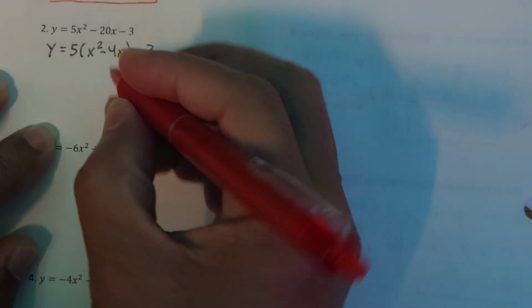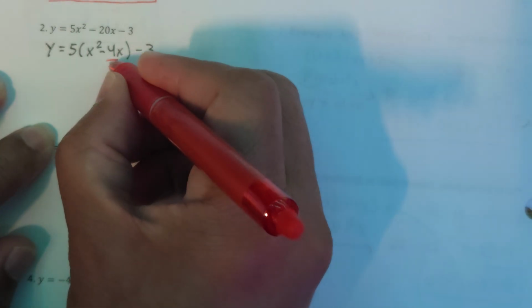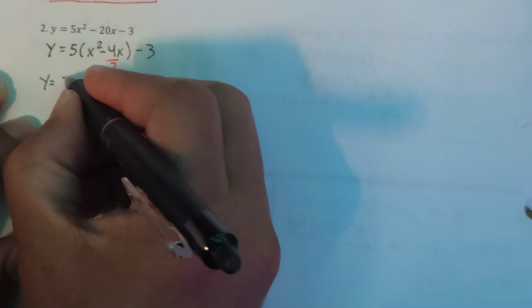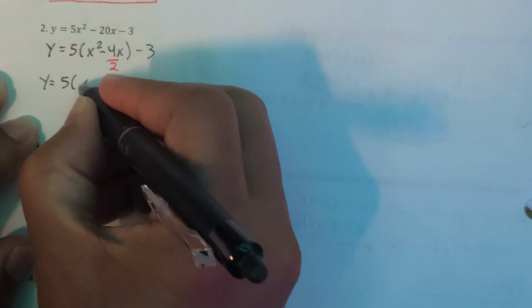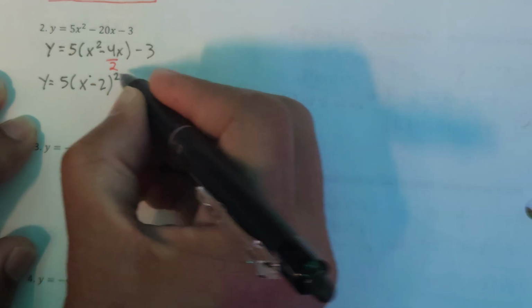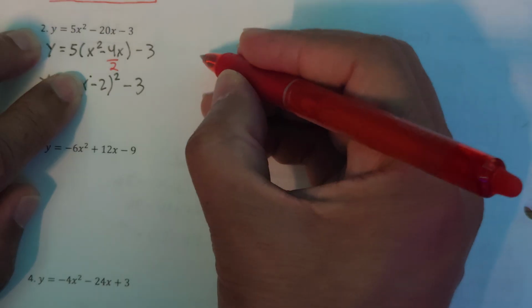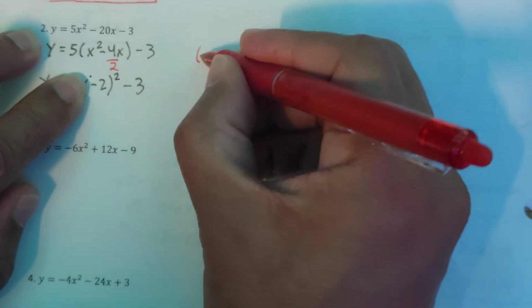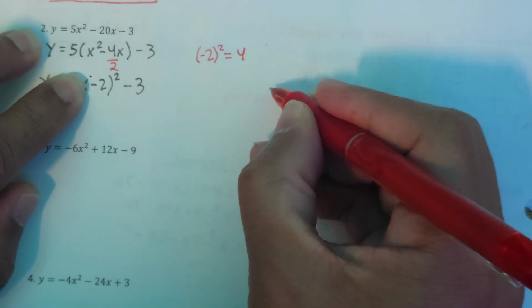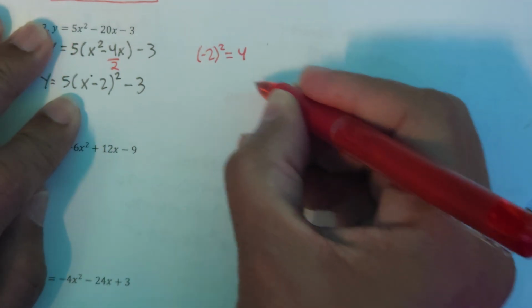Then I'm going to take the b value and divide that by 2. So then the equation is now y equals 5 times x minus 2 squared minus 3. Then I'm going to take that negative 2 outside. So negative 2, I'm going to square it. That gives me positive 4. But then I have a 5 that I need to multiply by.